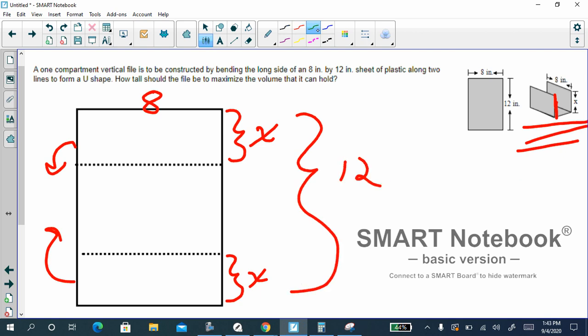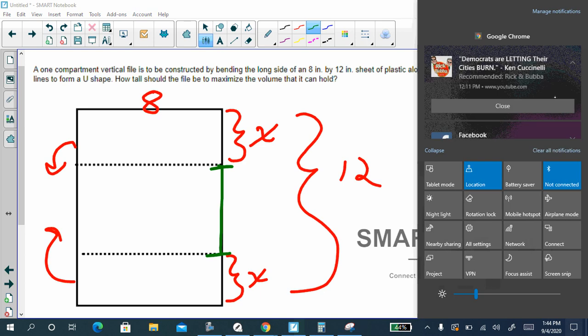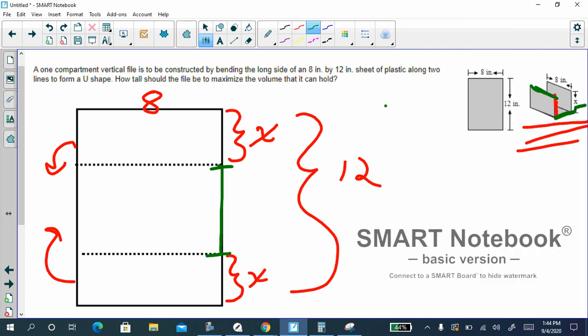So we need to come up with an expression for this part, because that part is going to be how thick the file compartment is. 8 is the width of the file compartment. x represents the height of it, but this part here in the middle is going to represent the thickness of it.